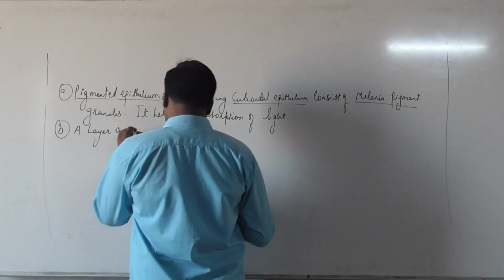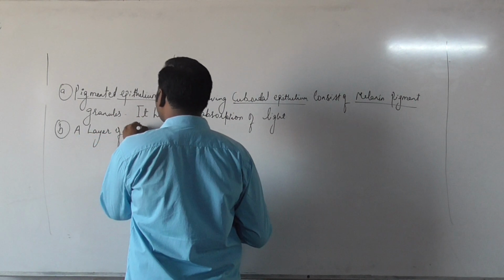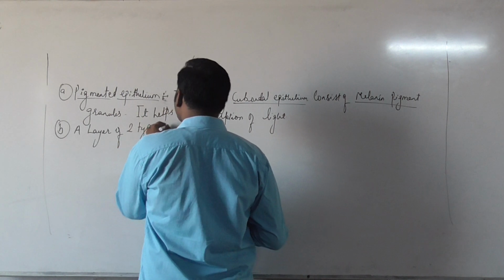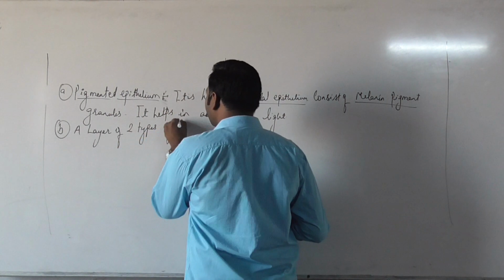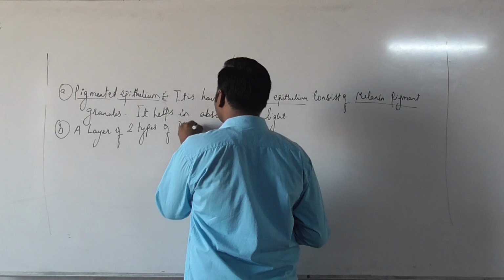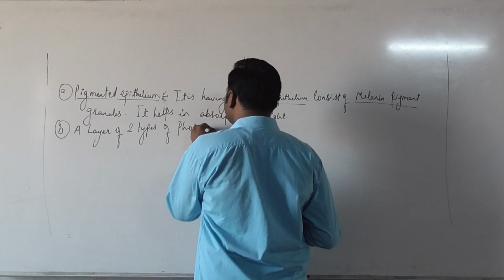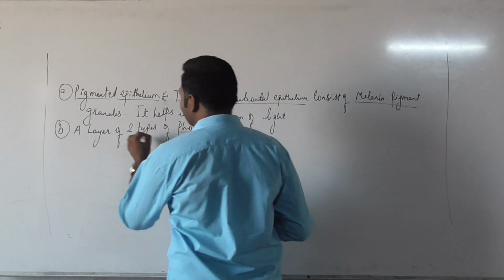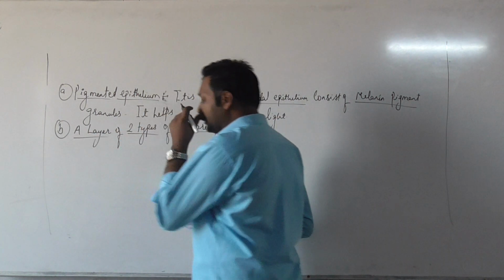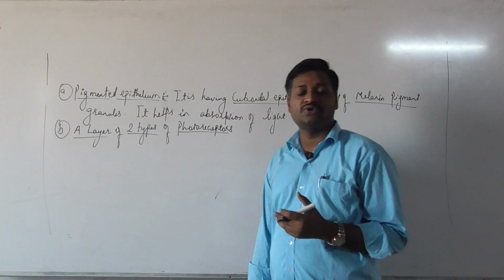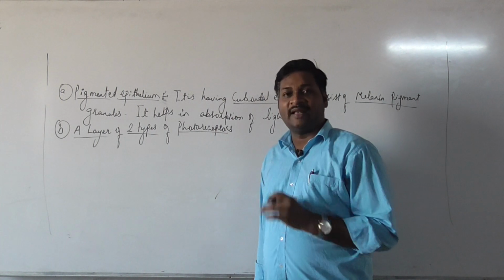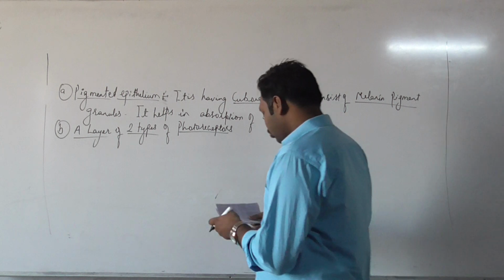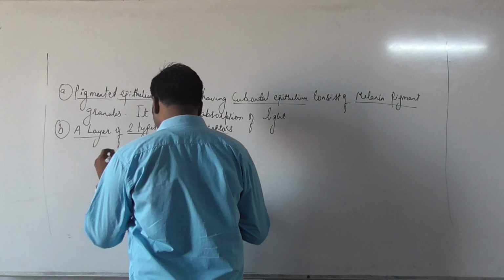The next, second, a layer of two types of photoreceptors. Photoreceptors are the receptor cells which are supposed to absorb the light. These are of two types, the cones as well as rods.